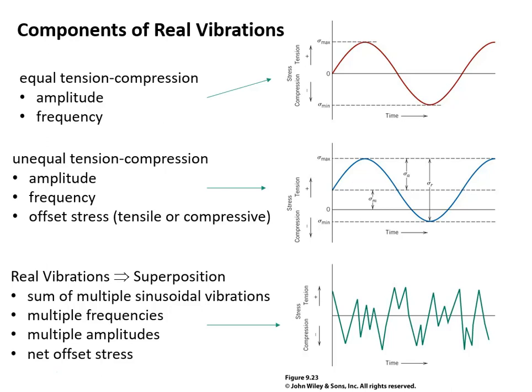Then we'll vary the amplitude around that offset. Those are the two parameters we'll vary in addition to frequency. So for any given fatigue test, those will be the three parameters you'll want to look for: cycle frequency, meaning how many cycles per unit time, what was the offset, and what was the amplitude.